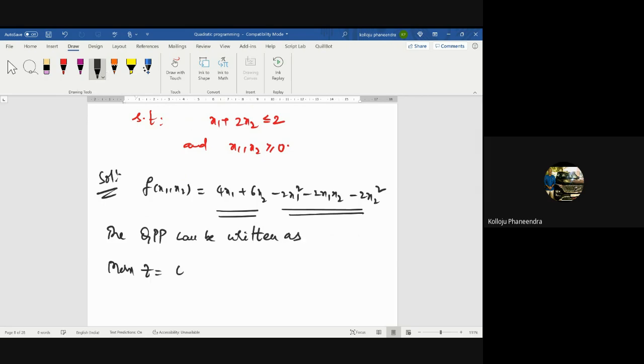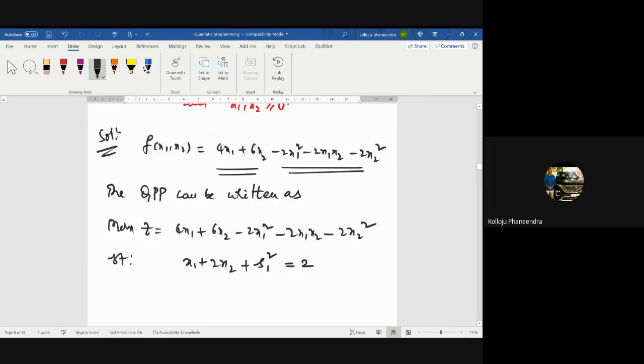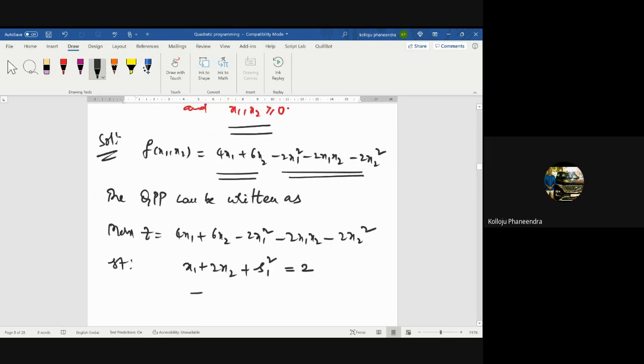maximize z equal to 4x1 plus 6x2 minus 2x1 square minus 2x1 x2 minus 2x2 square, subject to, I have to convert the constraints to equality type now. So x1 plus 2x2 plus s1 square, the squared slack variable. And coming to these constraints also, minus x1 plus r1 square, which I have added.